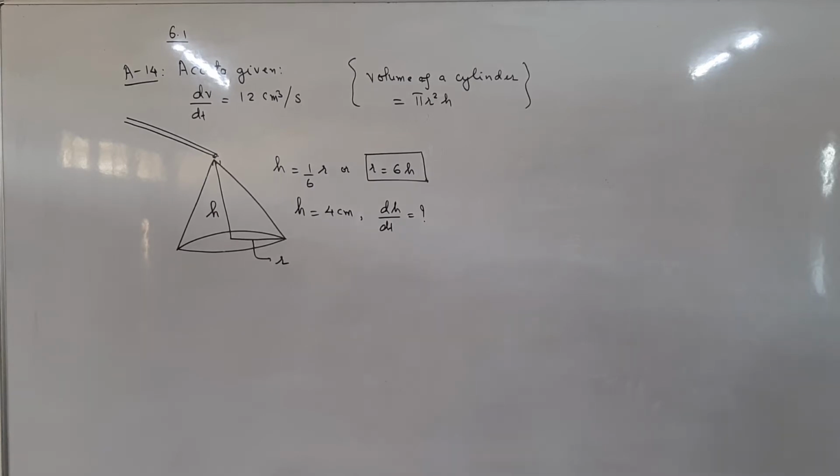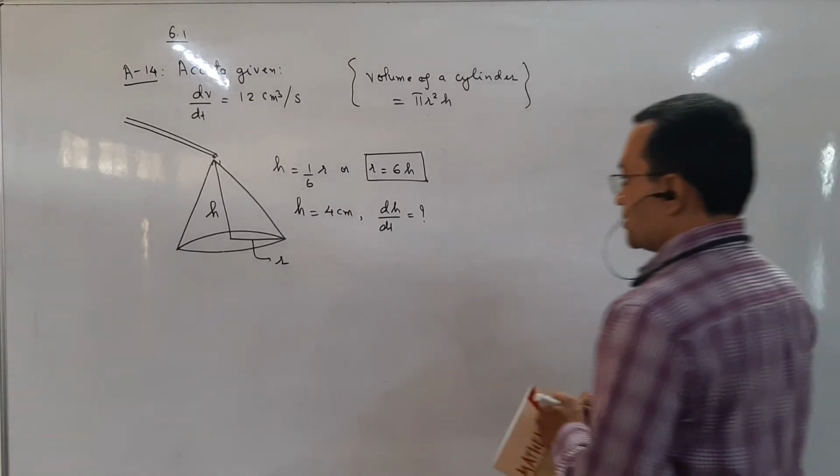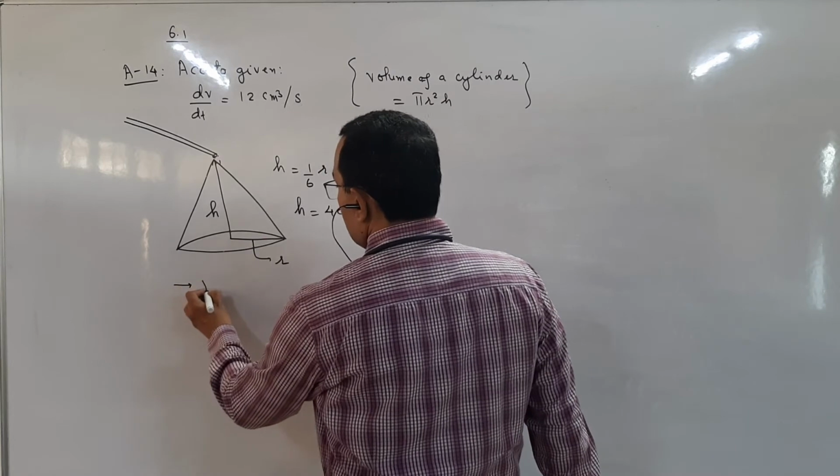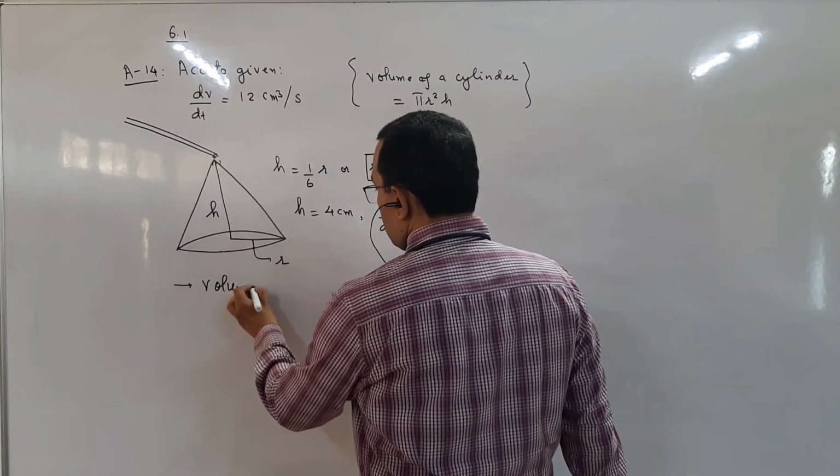Now, cone, all of you are taught this in 9th standard. Volume of a cone is 1/3 of the volume of a cylinder. So, volume of cone is 1/3 pi r square h, where r is the radius of the base and h is the vertical height. So, I start with volume of cone.